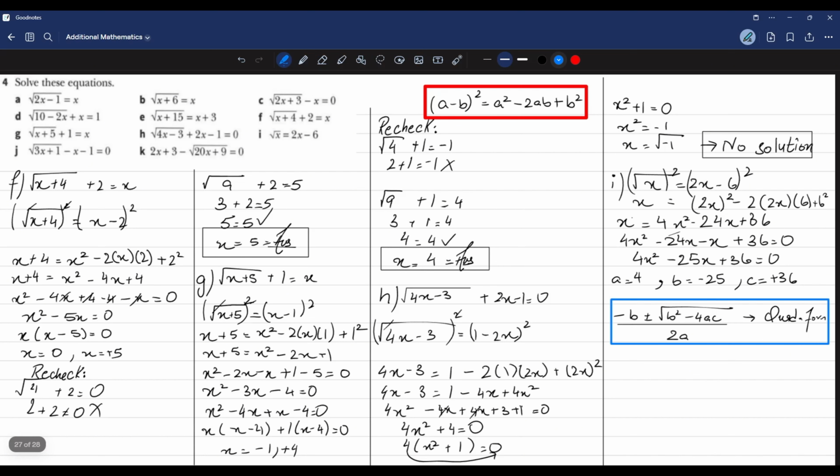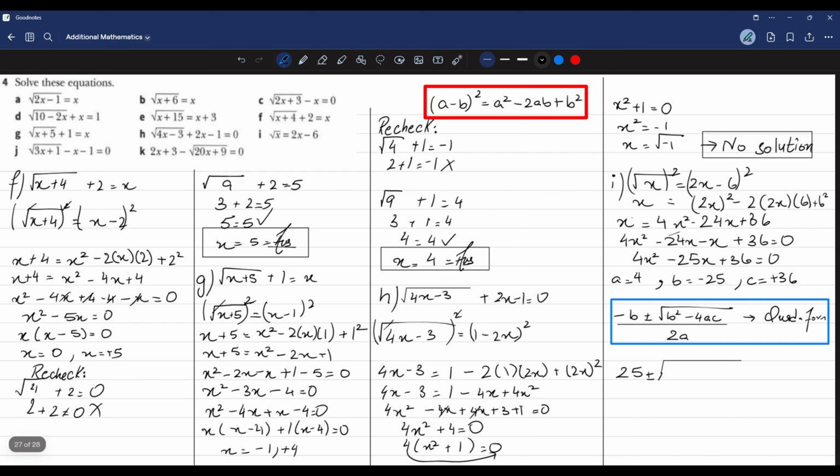So minus 25 multiplied by minus 25 is going to be 25. Okay, so this is going to be positive 25 plus minus under root, what is negative 25 squared? 25 squared is 625.